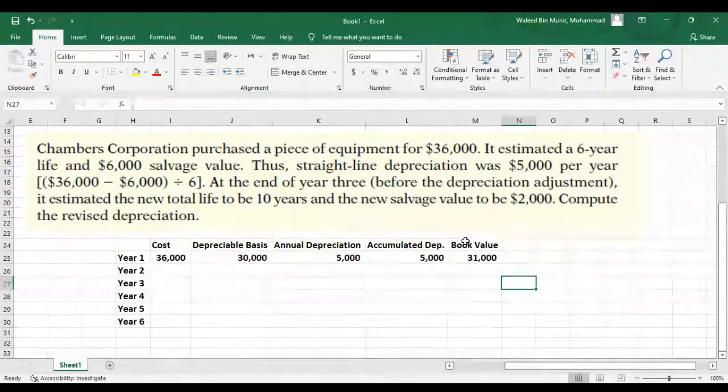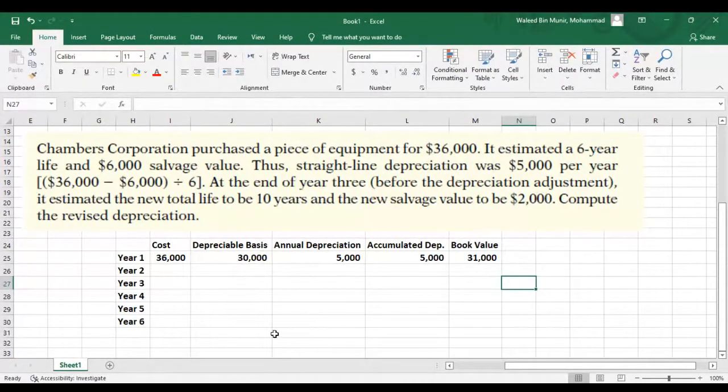Now this is what they are saying. So now we have to make the adjustment. What will be the adjustment? Remember? So what is happening? Try to understand the question.